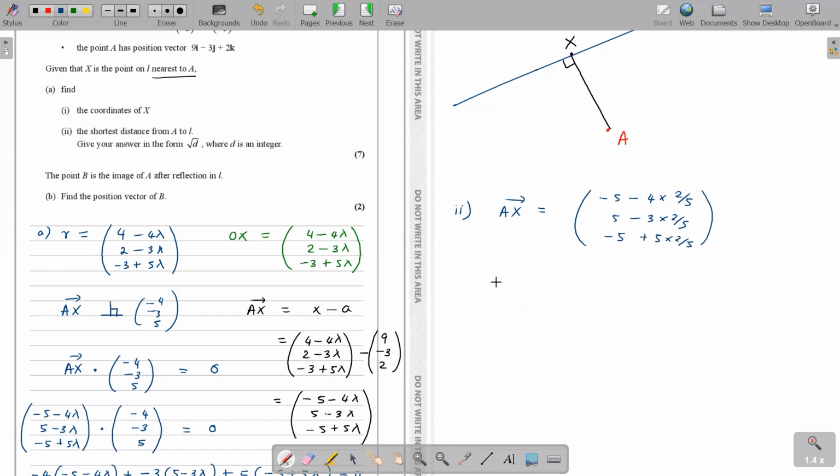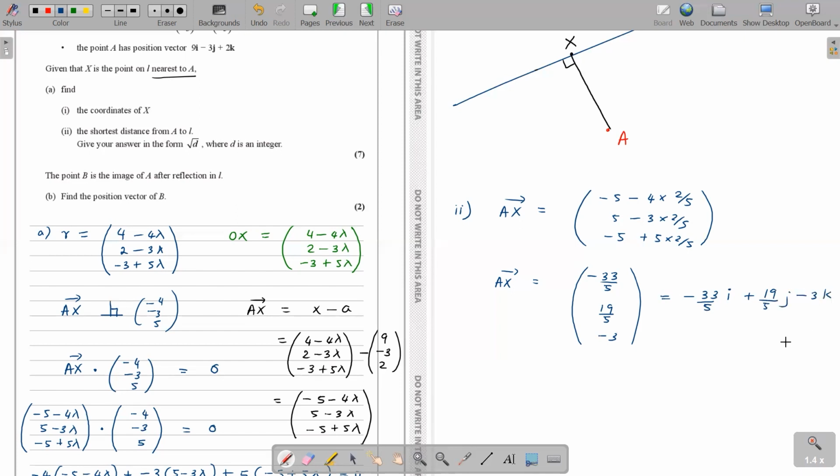Can I know the answer here? -33/5. Next one, 19/5, and third one -3. So this is the AX vector, or in other words, -33/5 i plus 19/5 j minus 3k.